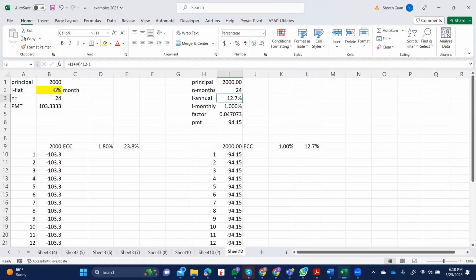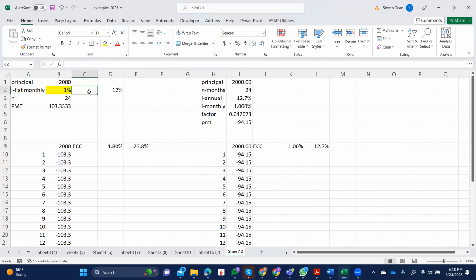If you're working in a world of flat, remember, this is equal to this one times 12. So, sorry, this is the flat monthly, and this one here is the annual one.